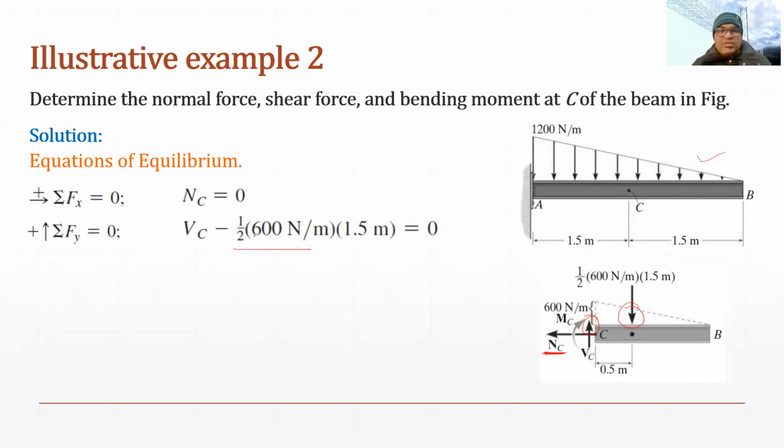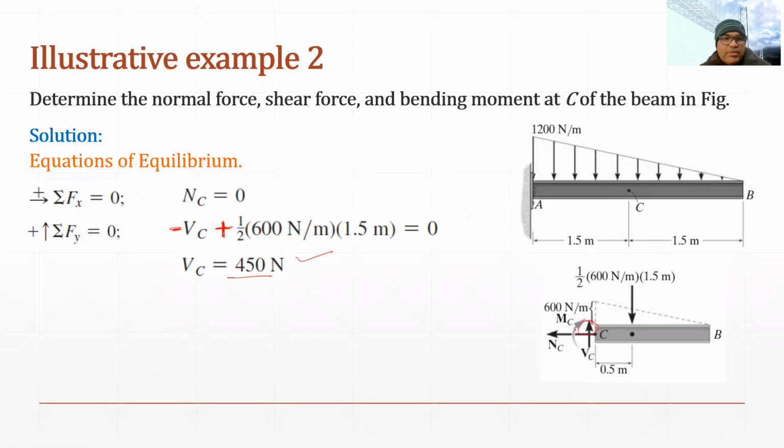Sorry, in the calculation it is showing negative, but it is actually positive. So the value of VC is 450 kilonewton. It will be actually positive.